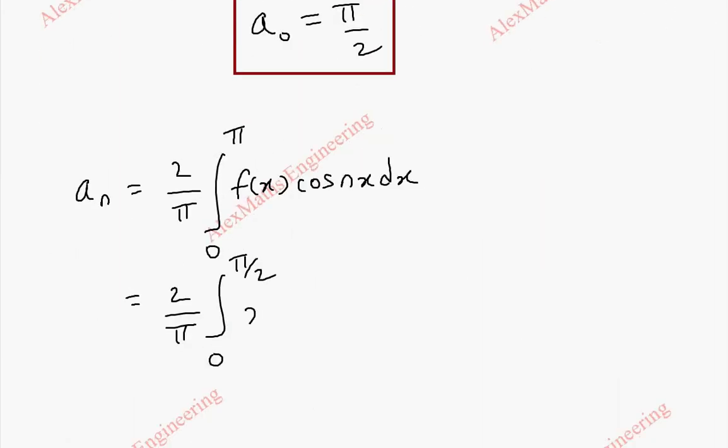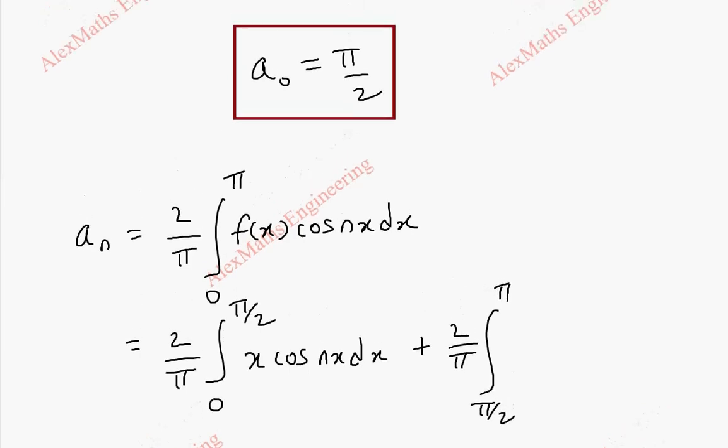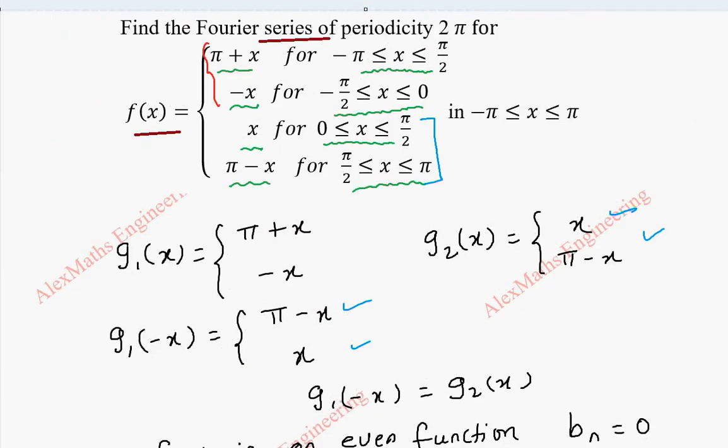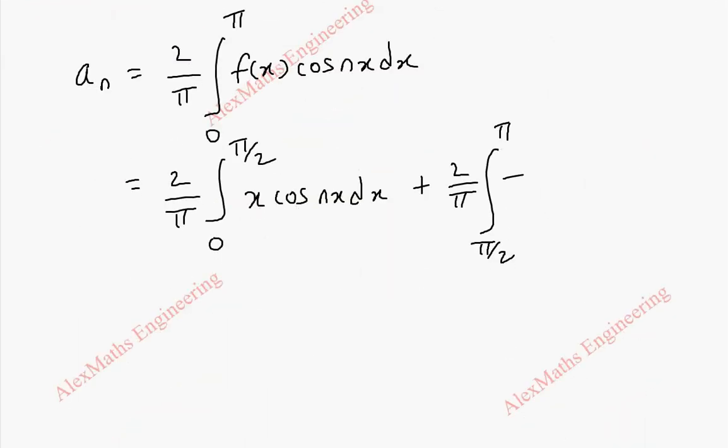So it is x into cos nx dx, plus 2 by pi integral pi by 2 to pi, where f of x is pi minus x, so pi minus x into cos nx dx.